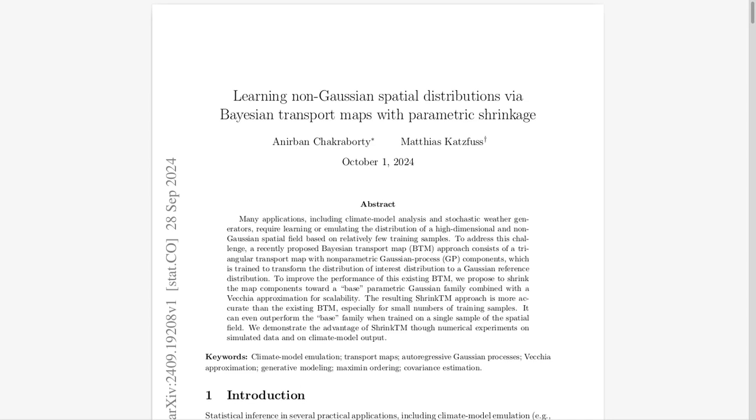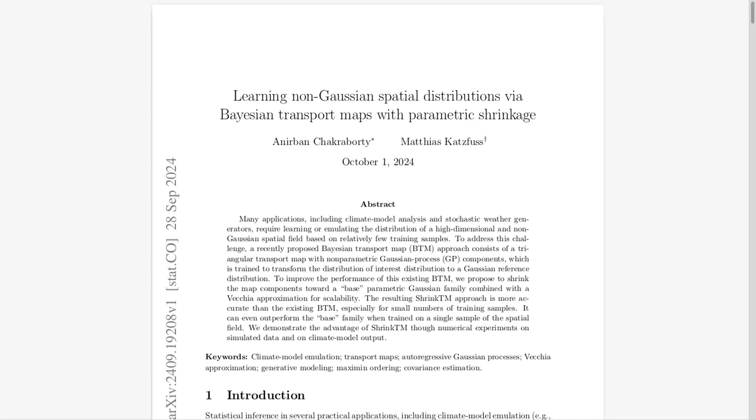In a world that's facing climate change, faster and more accurate climate predictions are essential. Yeah. ShrinkTM could be a total game changer. It could really help us understand how our climate is changing and what we can actually do to protect our planet. Yeah, it's like having a much clearer crystal ball to look into the future, even with all that uncertainty that comes with something as crazy complex as climate.